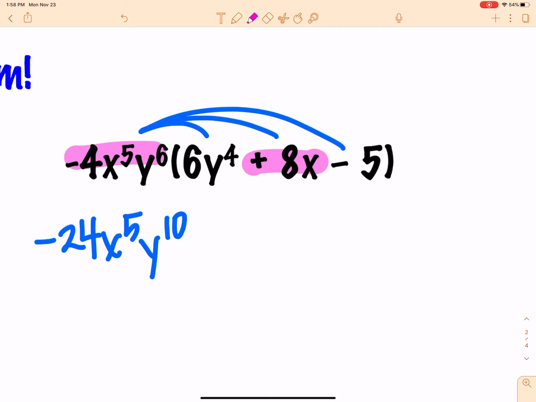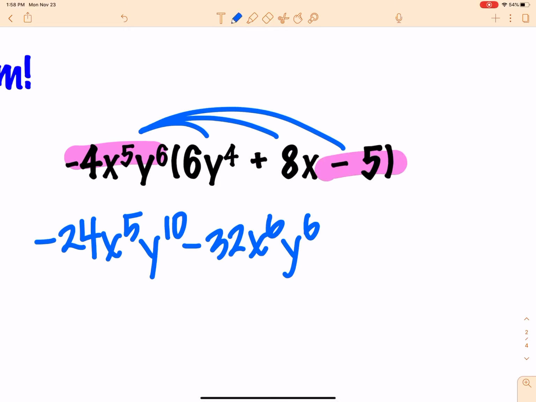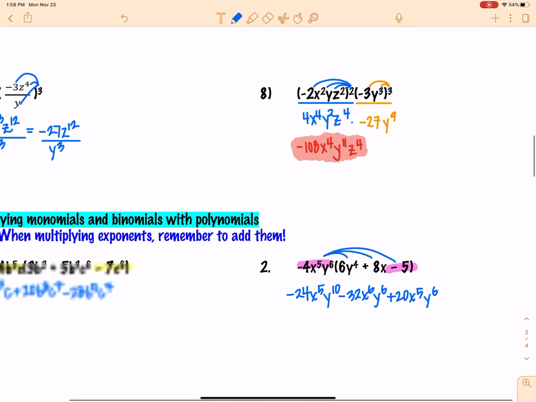And now we do it times 8x, and you'd get negative 32, x to the 6th, y to the 6th. And then to the back number, negative 5 would just be plus 20, x to the 5th, y to the 6th. And again, that's as far as we can go because none of the variables are exactly the same. So you would just have to leave it like that.